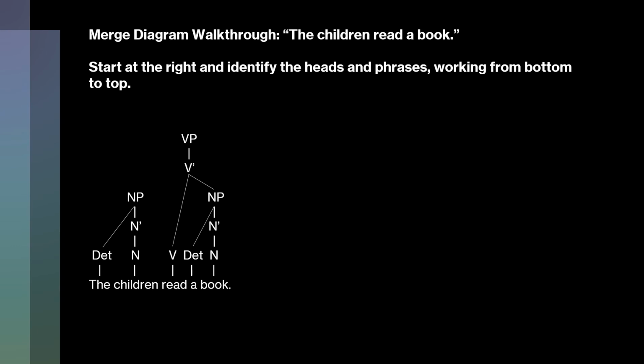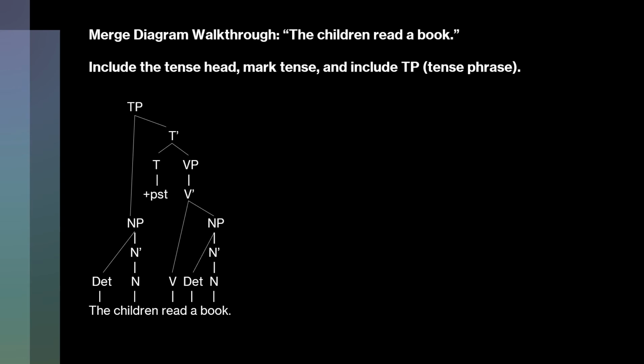But we're not done yet, right? The next thing we have to do is include the tense head, mark our tense, and include our tense phrase structure, okay? So you'll see we already worked up to the noun phrase and verb phrase, "the children" and "read a book."